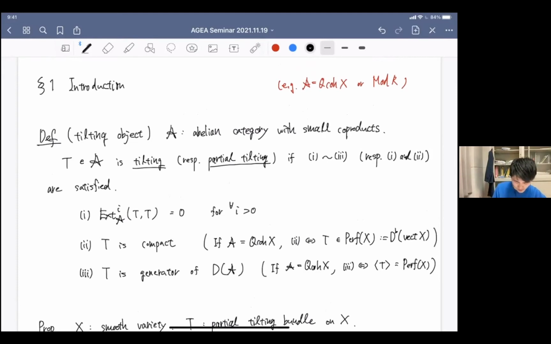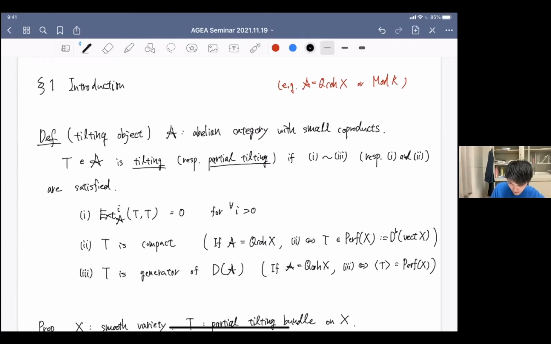I don't give a precise definition of a compact object, but if A is quasi-coherent sheaves on some scheme, then the second condition is equivalent to T being a perfect complex on X.